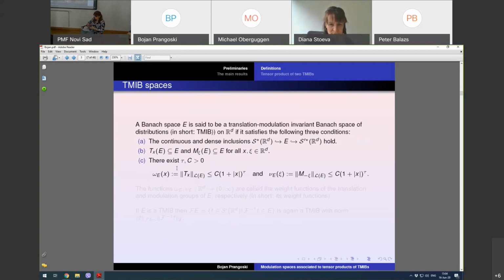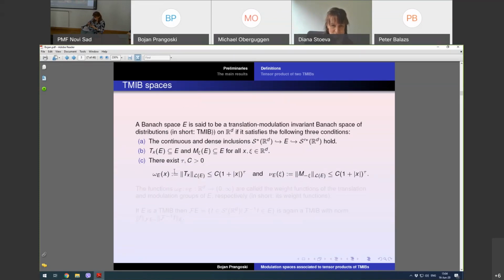I will just emphasize the third one, which basically states that the operator norm of the translation is polynomially bounded with respect to the parameter x, and we also ask the operator norm of the modulation to be polynomially bounded with respect to the parameter ξ.